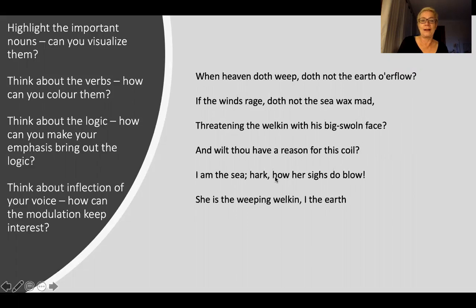And let's think about the verbs: weep or flow, rage, wax. Then the participles, threatening. I am the sea, the simplicity of that, but the visualization that you can have with it. So by highlighting the important nouns, you can really see them in your head. You can color the verbs, you can think about the logic, and your inflection can keep the modulation interesting.